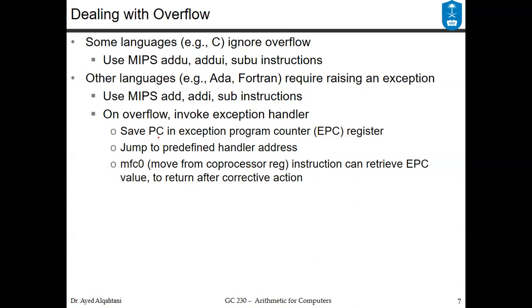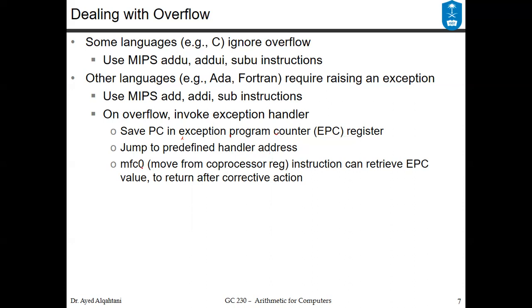Like they save the program counter in an exception program counter called EPC, and then you jump to a predefined handler address that has an interrupt service routine that handles the overflow.